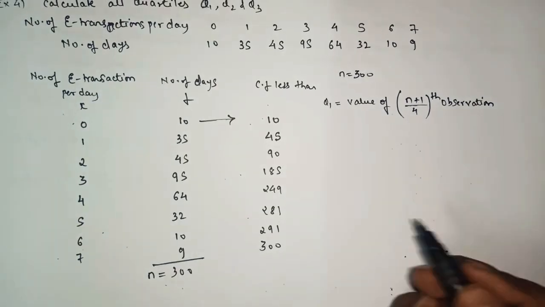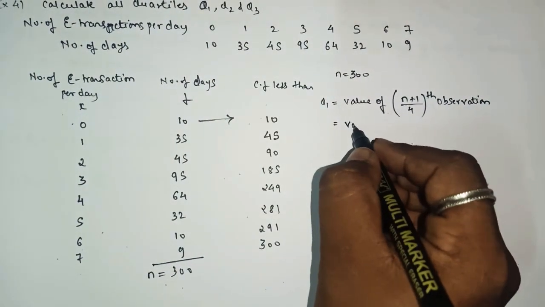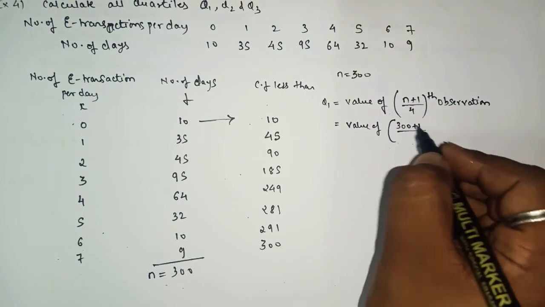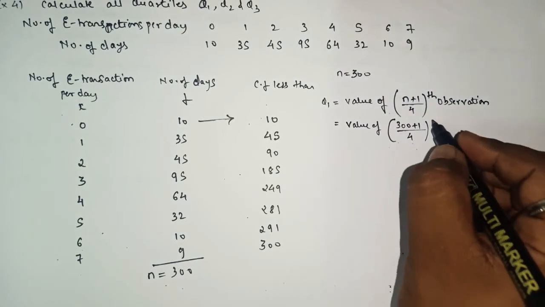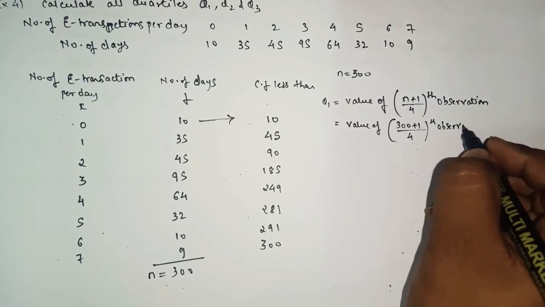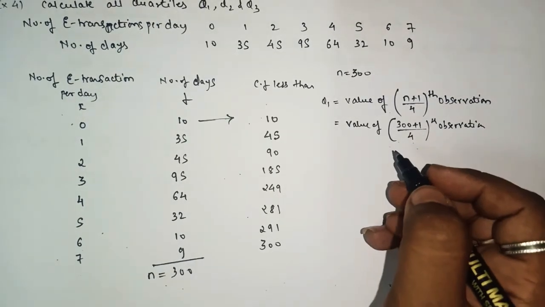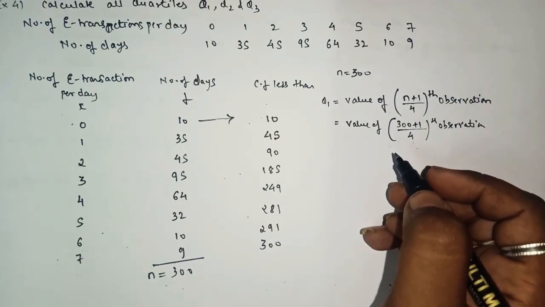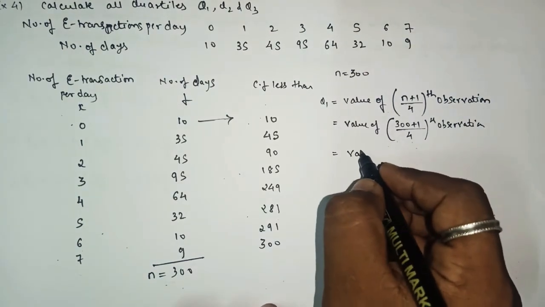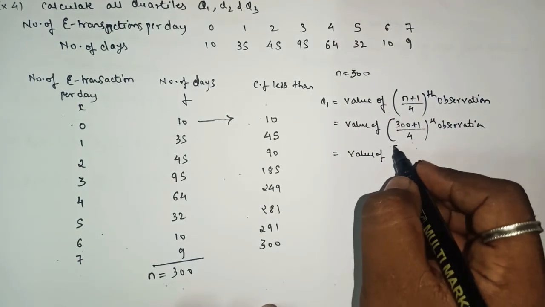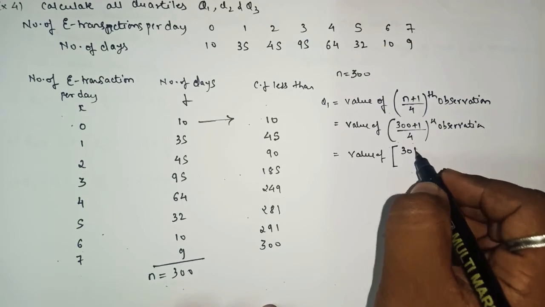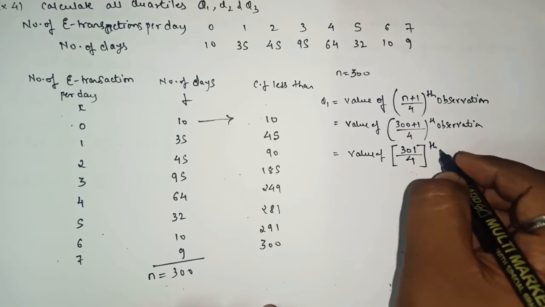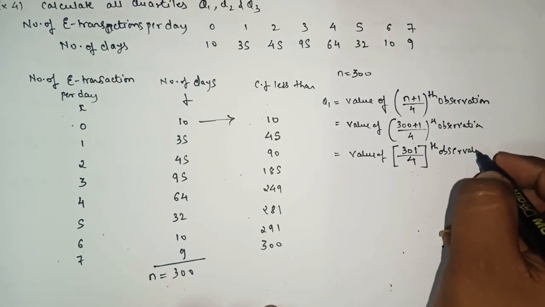Therefore n will be replaced by 300, so this will be the value of 301 upon 4 th observation.